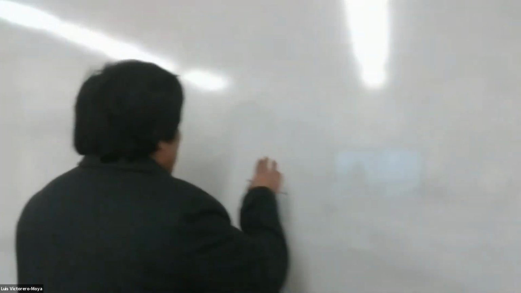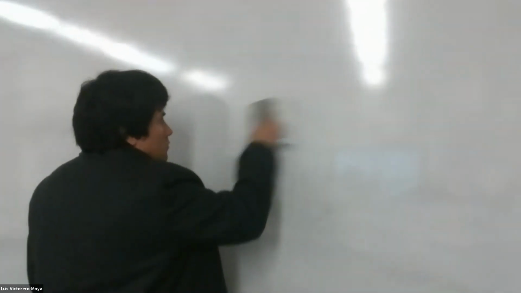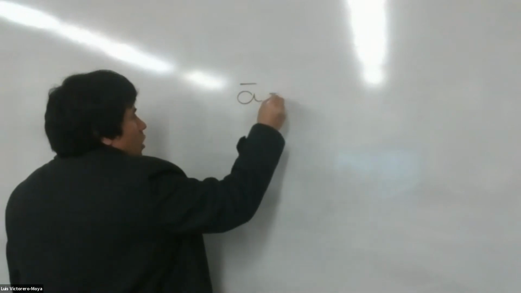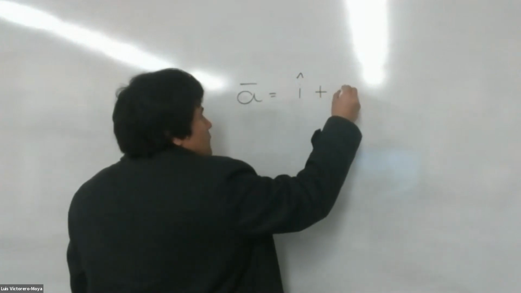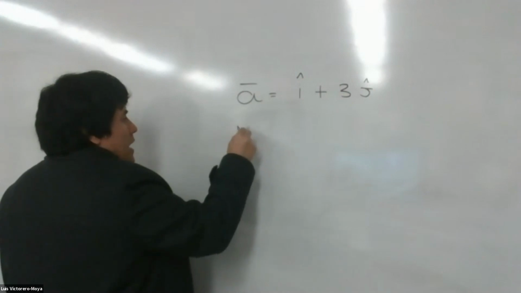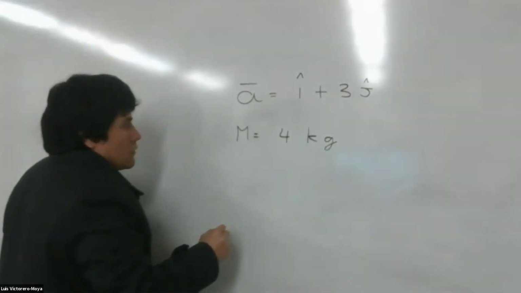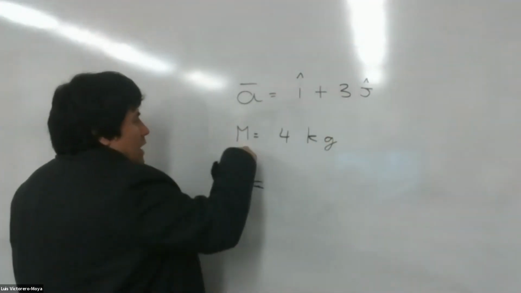Okay, so pretty much, and I want to change the numbers, of course, but if you were given an acceleration of i plus 3j, and they give you a mass, which I'm going to round to 4 kilograms, the force is mass times acceleration.